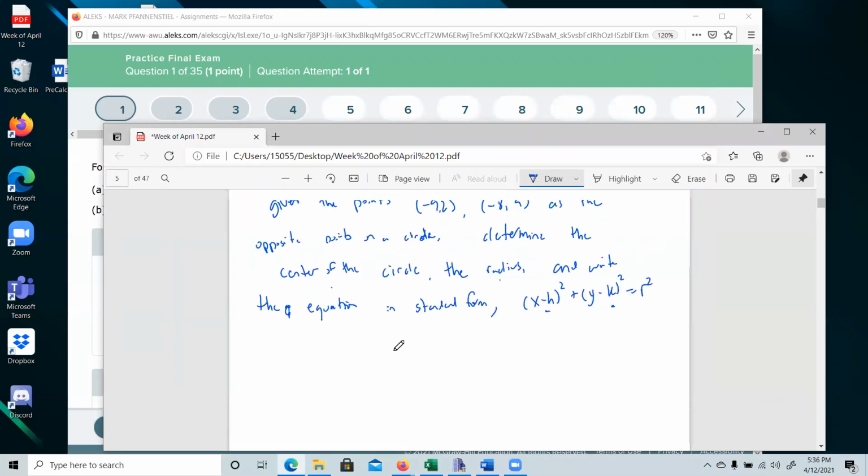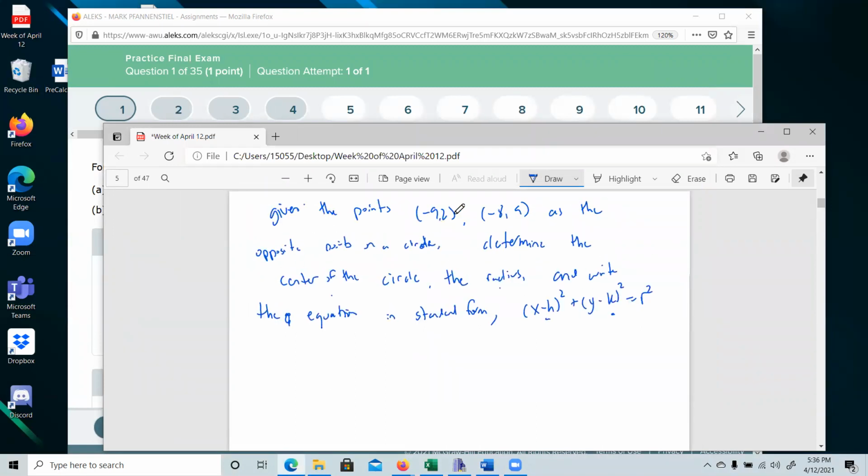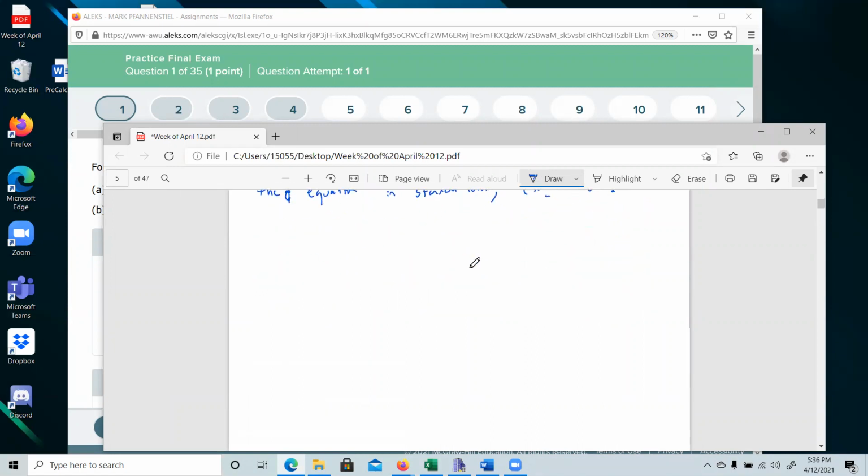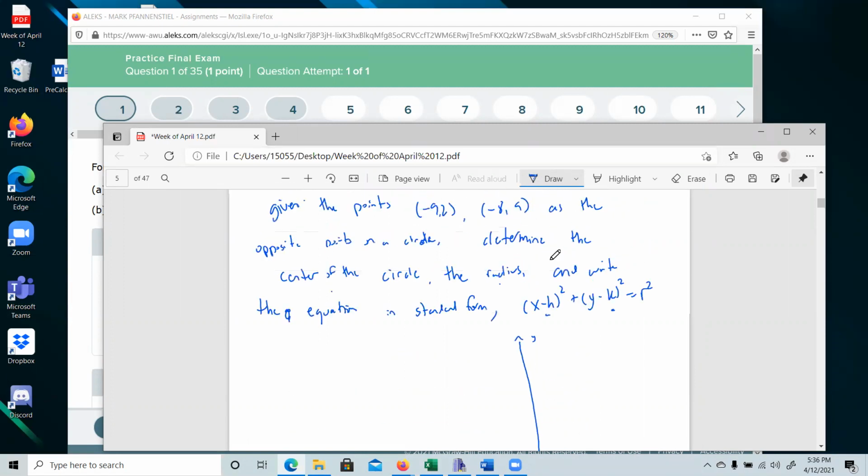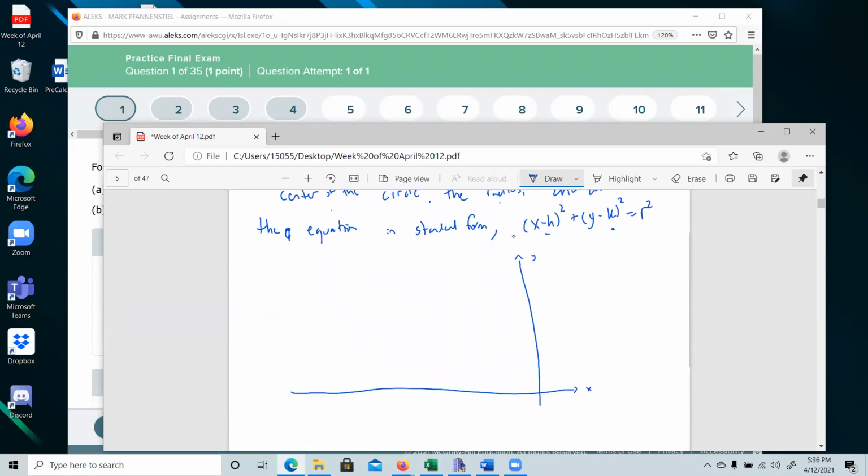So let me go ahead and graph this first. And this is -2 and -8, 9. So most of this is happening in the second quadrant. So we'll go ahead and do that. And we've got to do -9, 2. So 1, 2, 3, 4, 5. 2, 3, 4, 5.